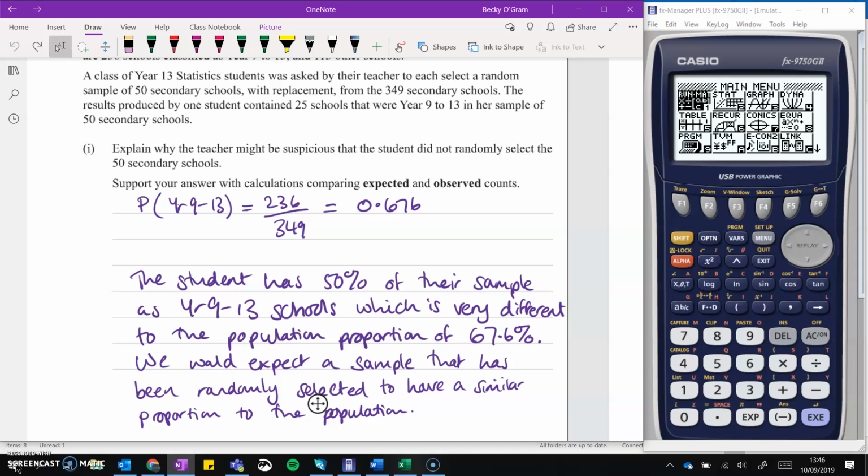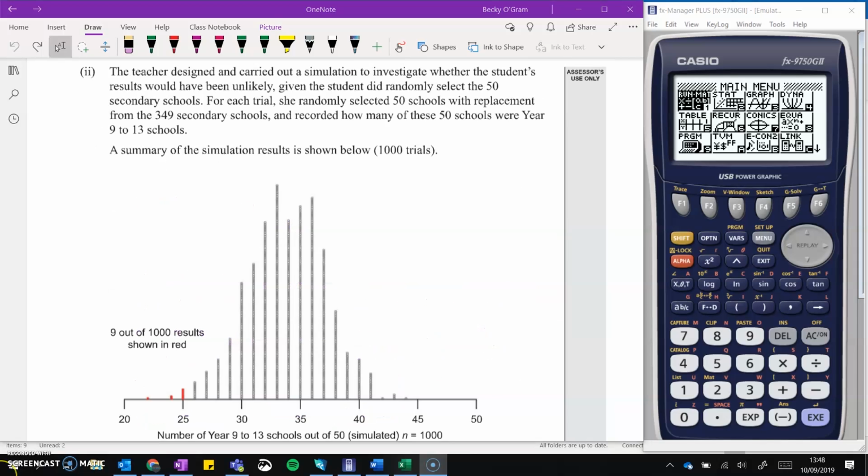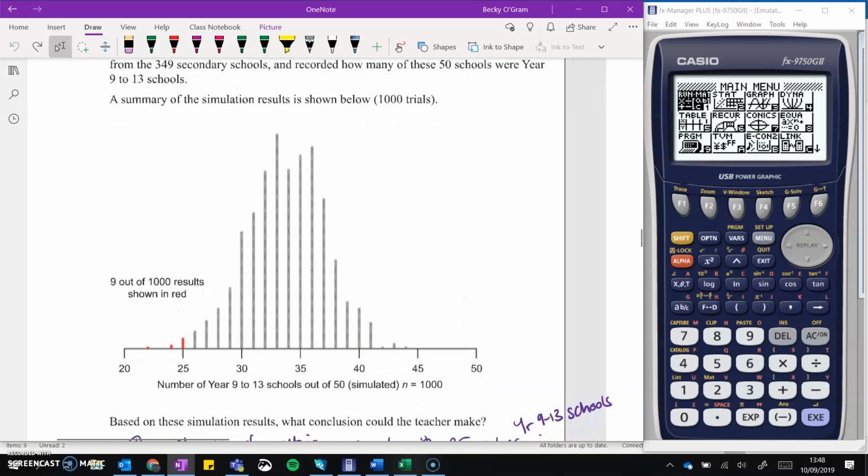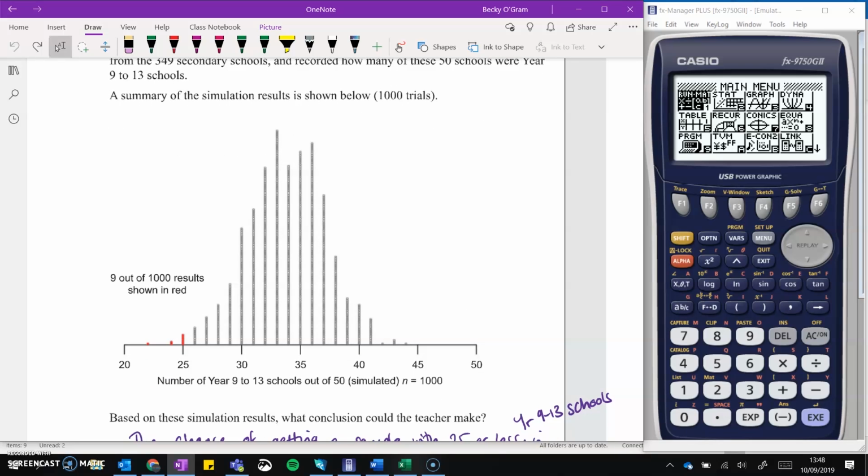So we would expect a sample that has been randomly selected to have a similar proportion to the population, and this one doesn't. The teacher decided to run a simulation to see just how unlikely or likely it is that you would get a 50-50 split. So this simulation is the result of 1,000 trials, and she's randomly selected those schools out of the population to see if we picked those 50 schools, how likely is it that we get a 50-50 split.